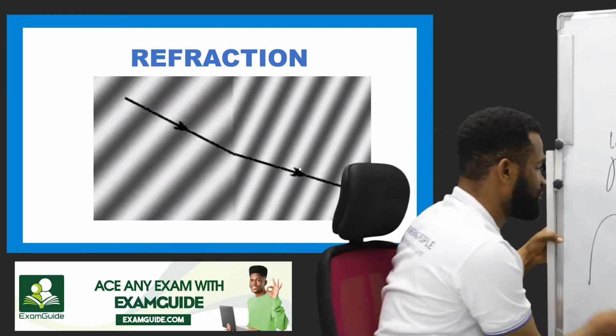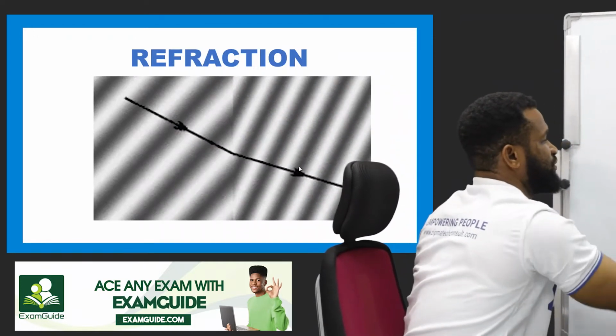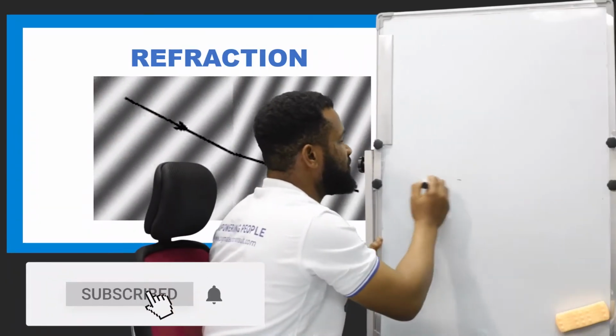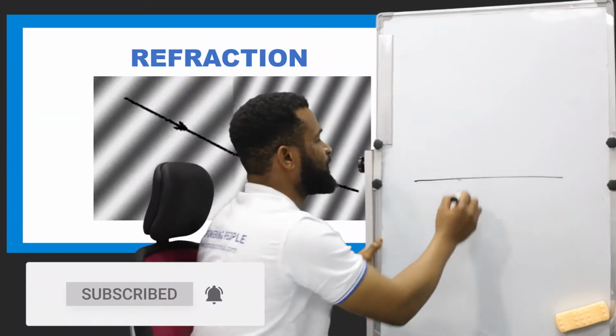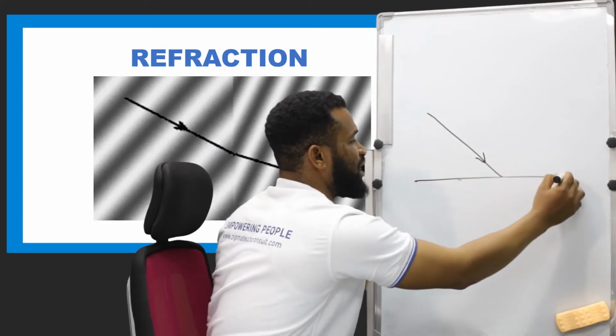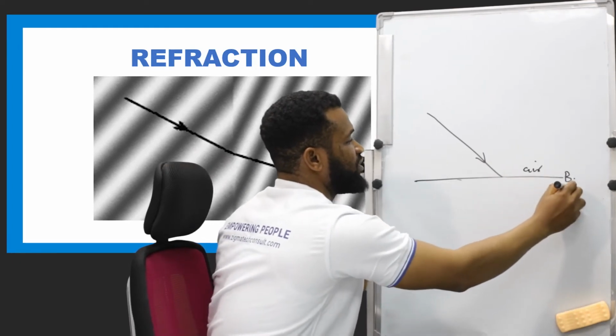Let me show you. If you have this, for example, and this is the direction, let's assume that this is the boundary. Let's say this is air and this is water.